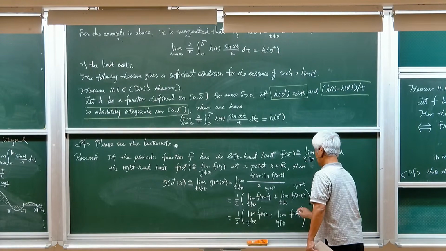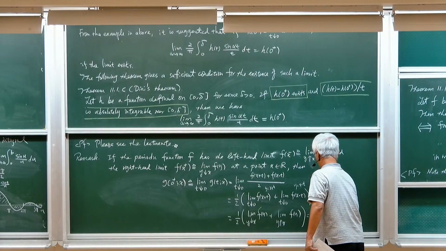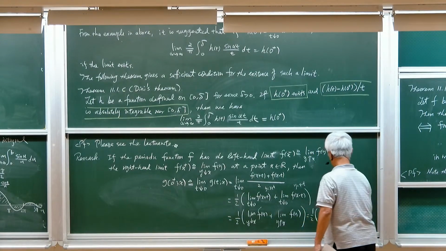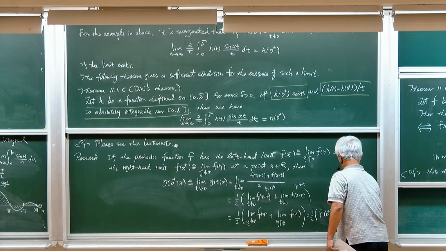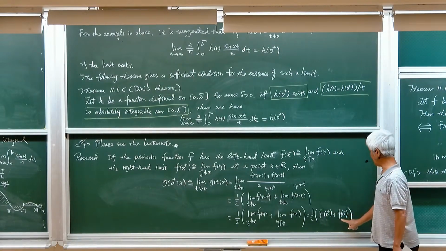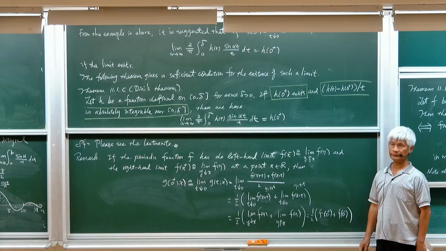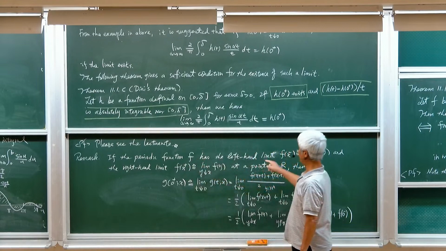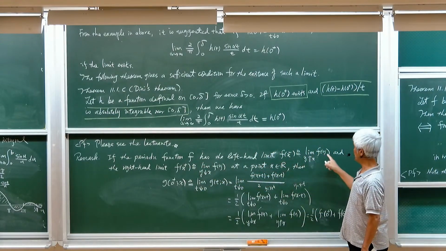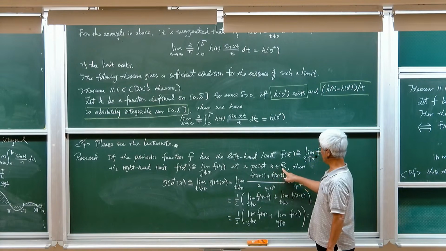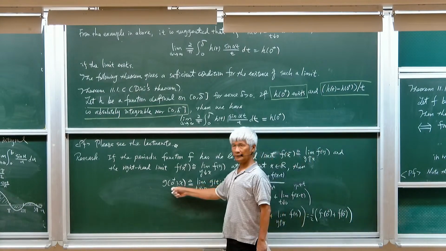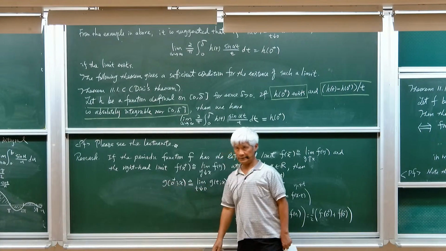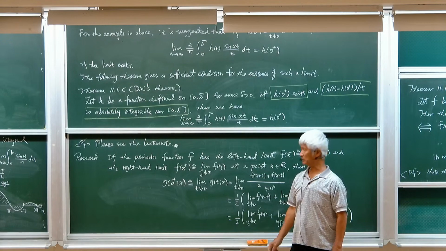And what is that? This is 1/2 of f, the right-hand limit, plus f, the left-hand limit. So when the periodic function f has the left limit and the right-hand limit at the point x in R, then the g function has the right-hand limit at t equal to 0.